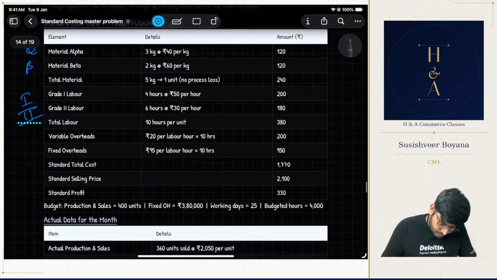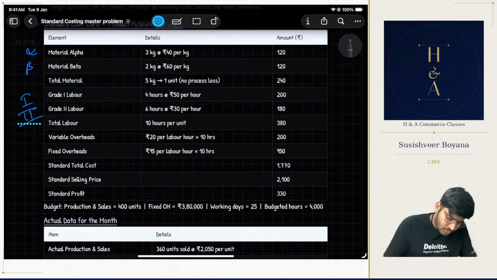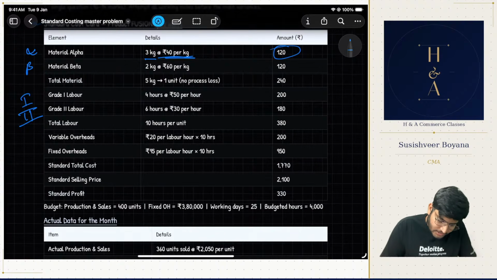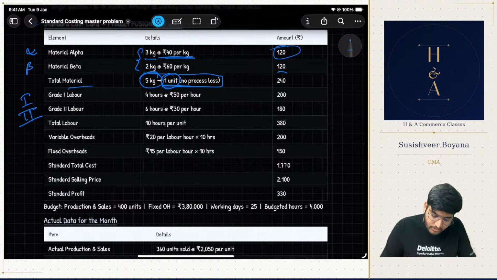Material alpha, 3 kgs at 40 per kg. Beta, given. Total material, 5 kgs for 1 unit. No process loss, it seems. That means no normal loss. Whatever inputs you're giving, 3 plus 2 is going to give you 1 unit of output for sure. So total material cost for 1 unit of output is 120.